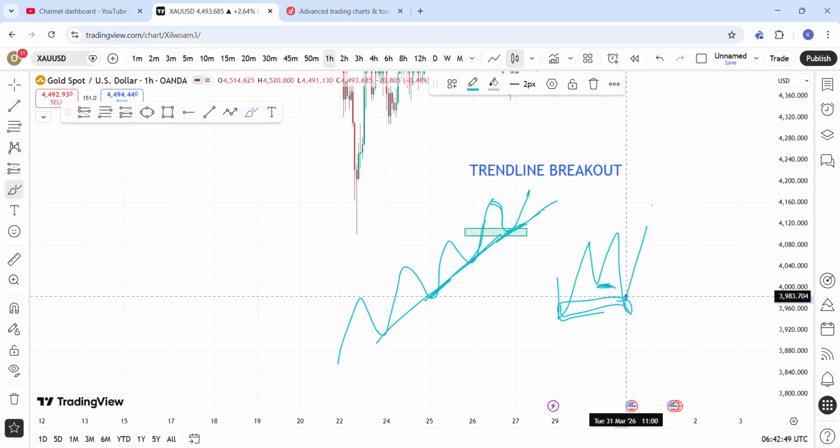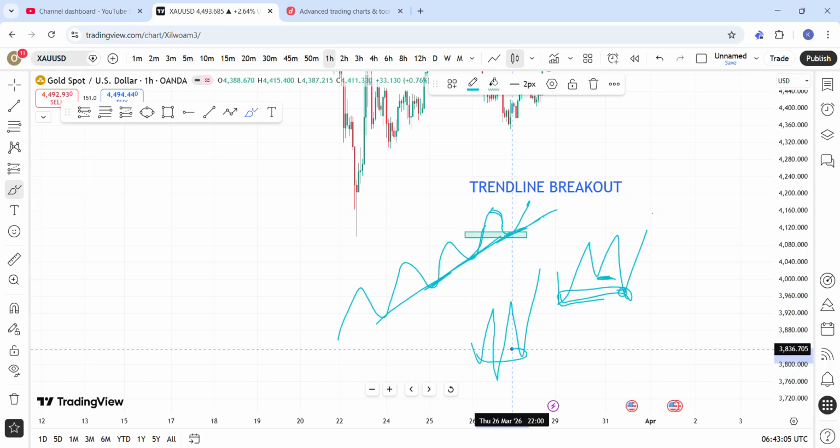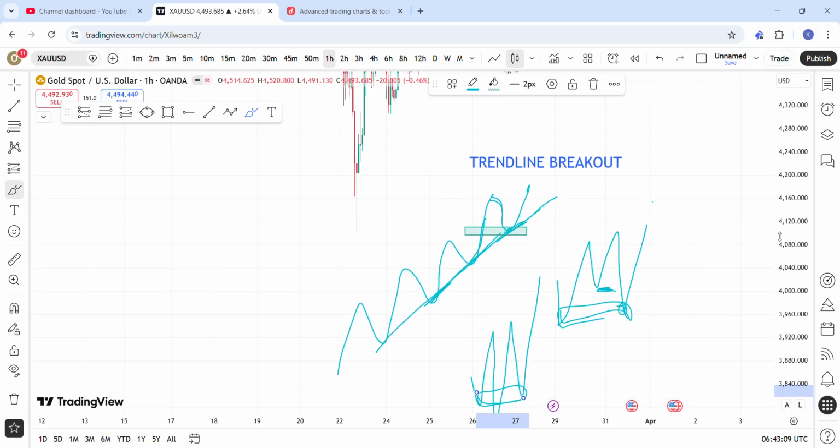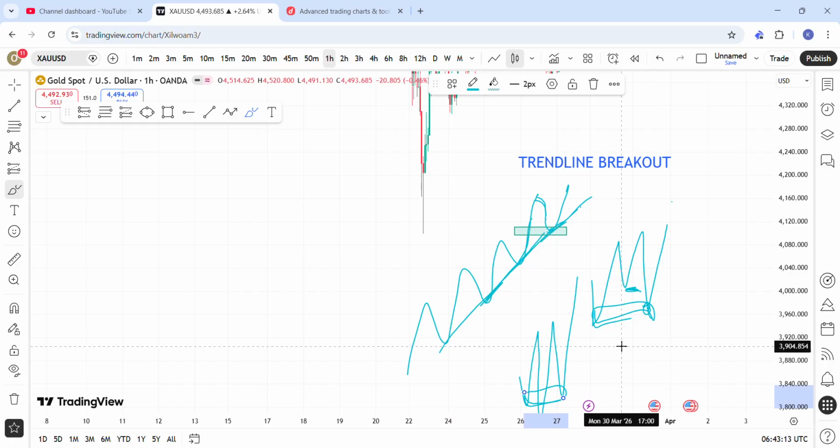Then you buy from here, or you take this entry here, or you take from this pattern to something like this. So that's it. With that, let me clear this and go over to what we have today.